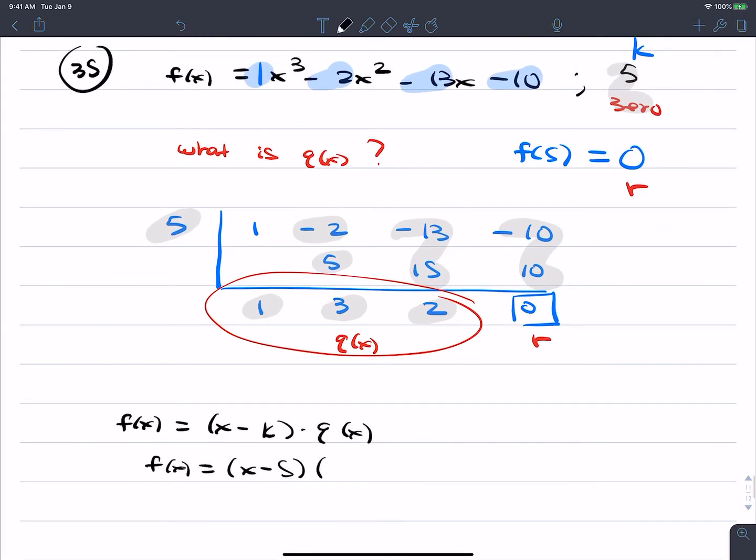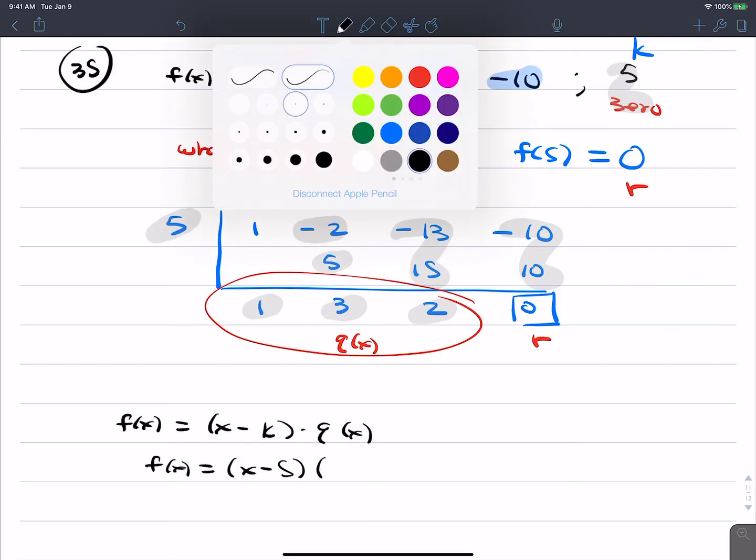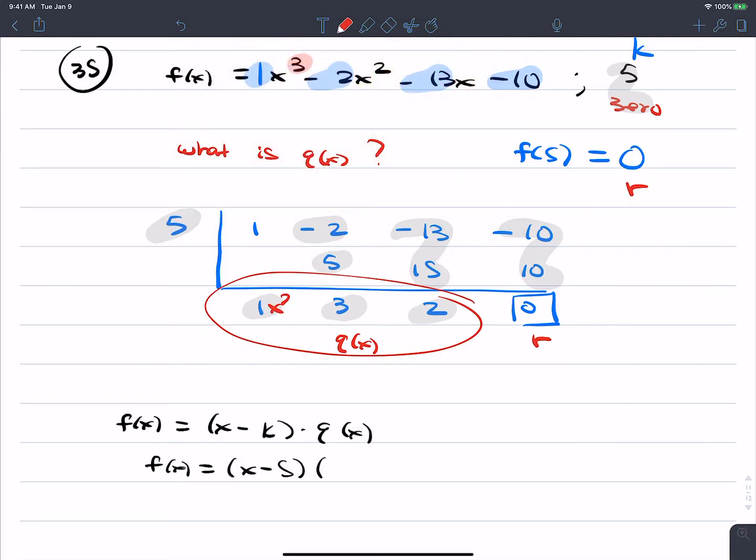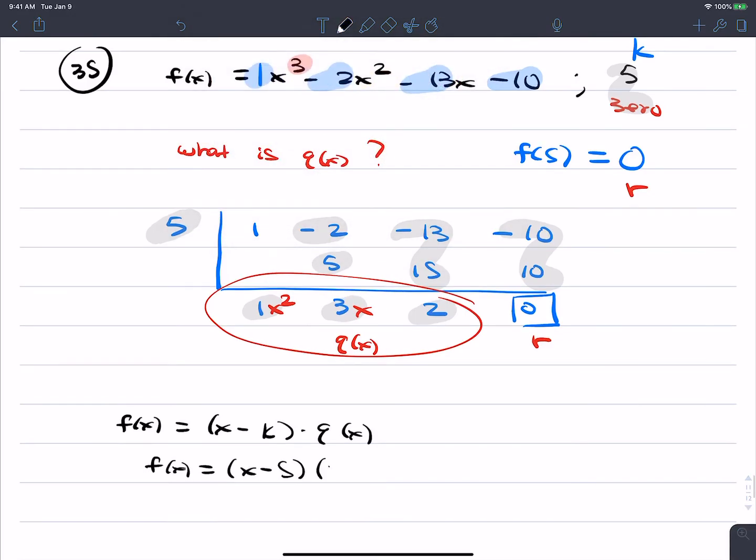Let's find the quotient. Don't forget, power 2. We need 1 degree less, x squared, x. So our quotient function will be now x squared plus 3x plus 2.